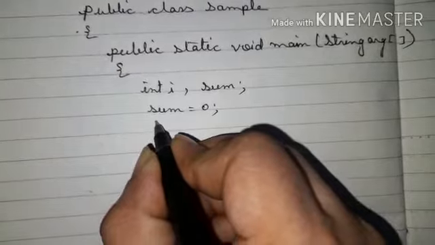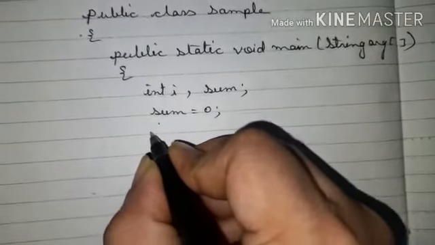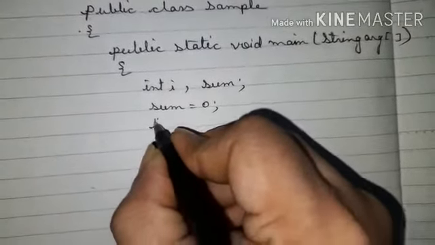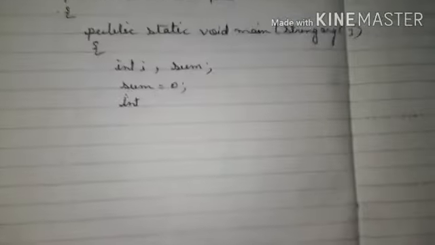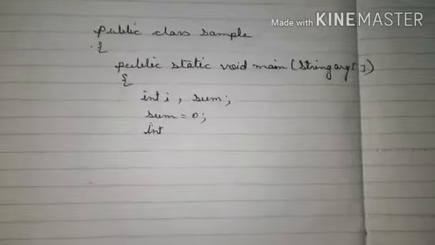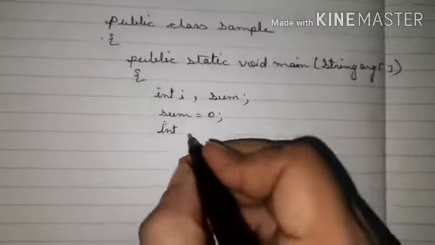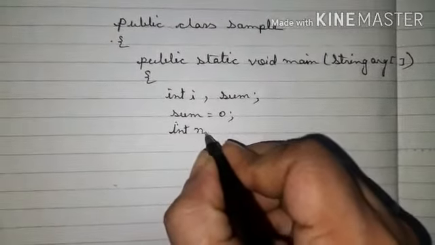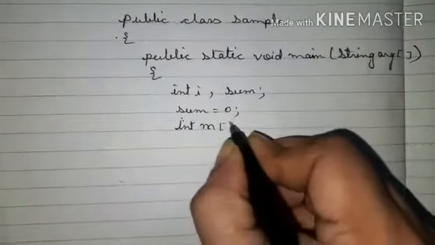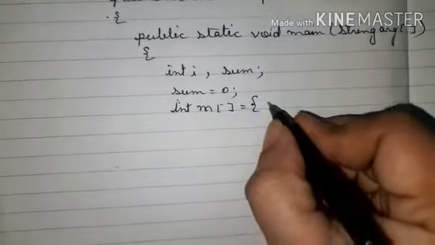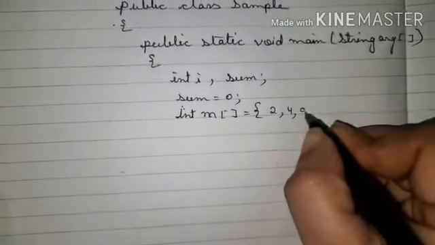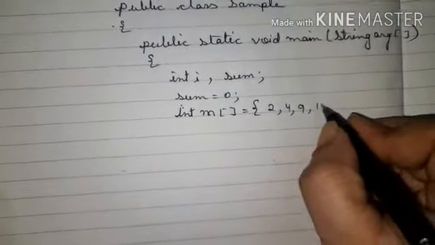Now, since we are going to use the assignment statement, we will declare the array and assign the elements 2, 4, 9, 10.